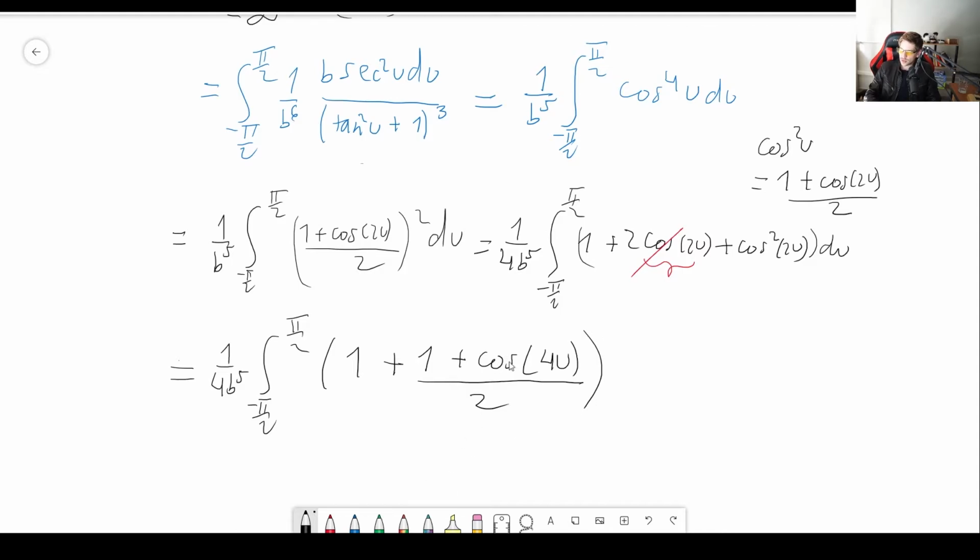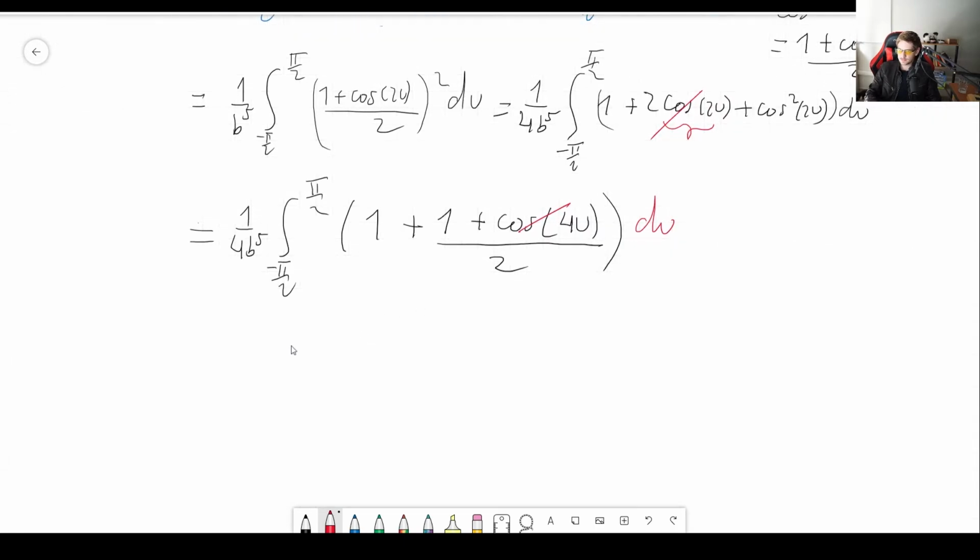And again, cosine of 4u is going to give us sine of 4u when we integrate. So we're going to get sine of 2 pi, which is 0, and minus sine of minus 2 pi, which is also 0. So again, the cosine part will simply be 0. So we're going to be left with 1/4b to the 5th times the integral from minus pi over 2 to pi over 2 of 3/2.